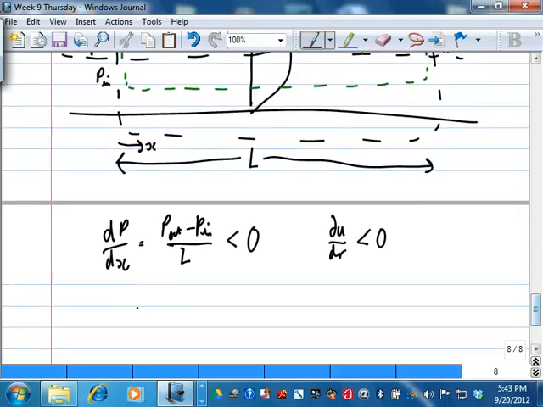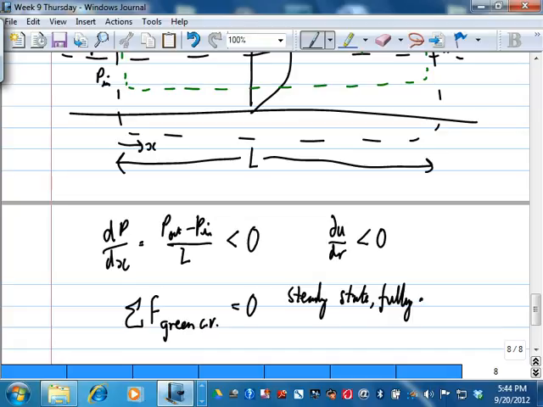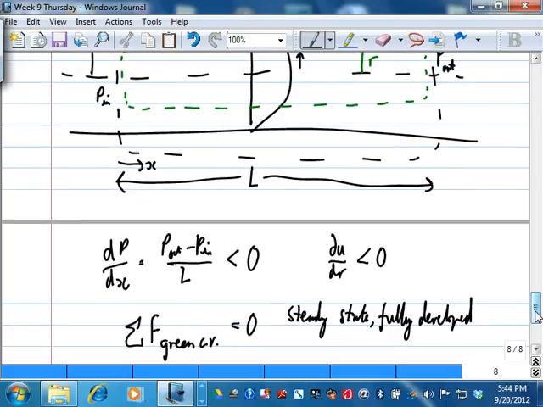The sum of forces on the green control volume must equal 0, steady state and fully developed. So the profile is already fixed.